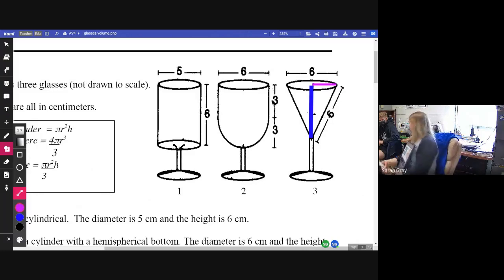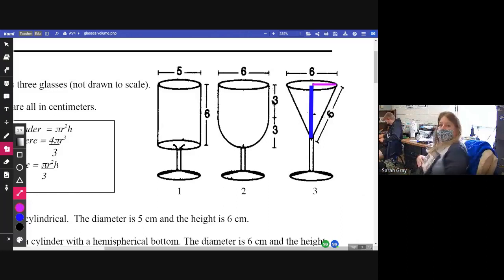Now, with or without pi? Area of the base. Oh, wait, I did it wrong.